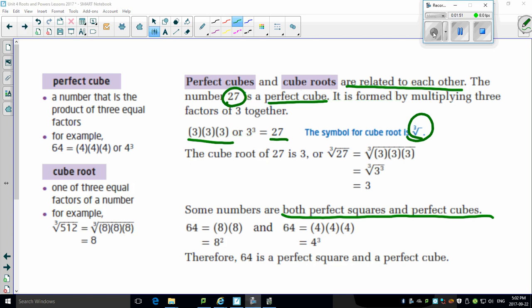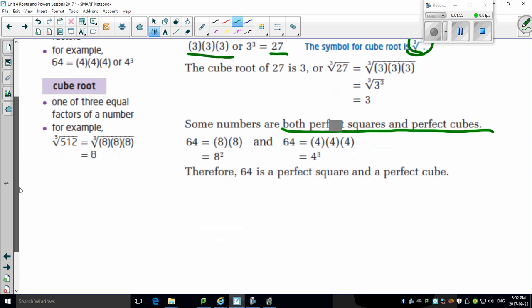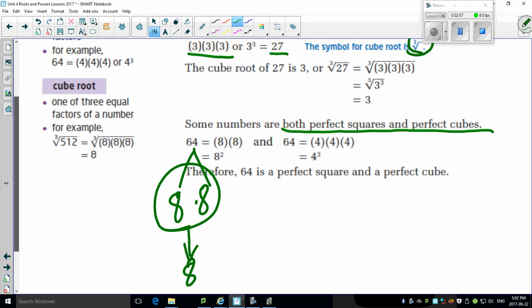Look at 64. I love this number. If you break it down, 64 is 8 times 8. There's your pair. Look at how beautiful that is. If you take that one representative out, nothing's left under the radical sign, meaning there's your perfect square.